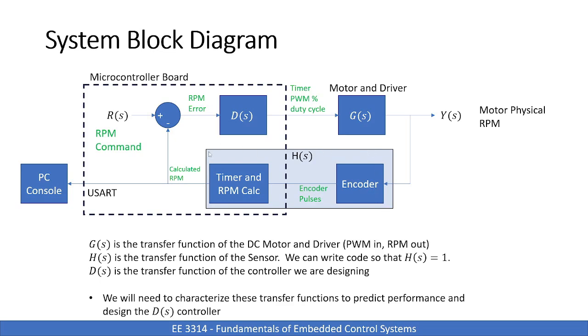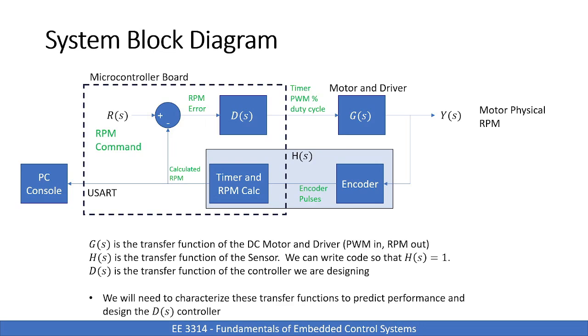We write our sensing code in the microcontroller such that the output of that is calculated RPM. That essentially makes this H of S block equal to 1, right? So we have RPMs at the output, and RPMs coming into this difference block. So this does end up being an RPM error, and having H of S equal to 1 is going to simplify our transfer function.